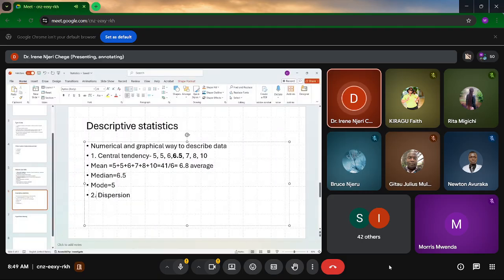Now, when it comes to dispersion, it is like saying the spread of data. When we talk about the spread of data, it's how far is the data spread from the mean. How far from the mean? And what can we measure?